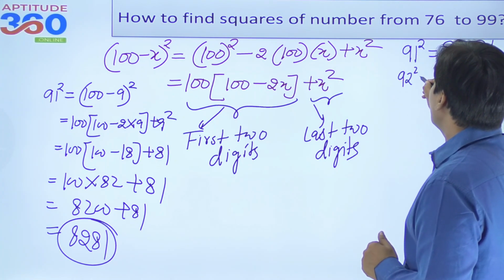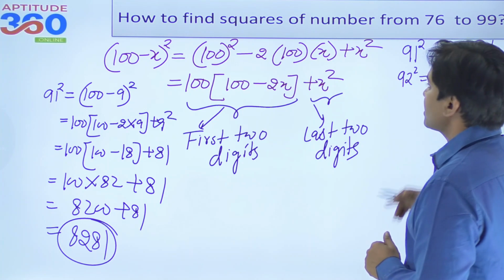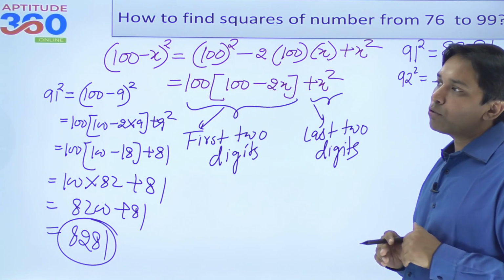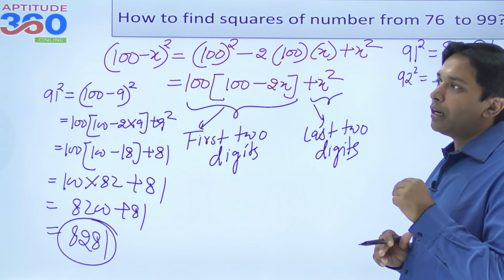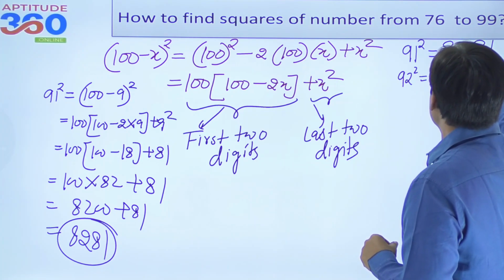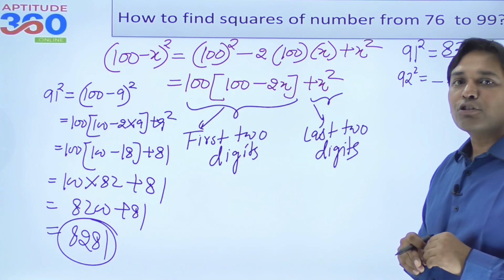So you need to find 92 square. Now I'll give you a better shortcut, better than this. Listen very patiently. To find 92 square, 92 is 8 less than 100. 8 square is 64, so it's simple to find the last two digits.